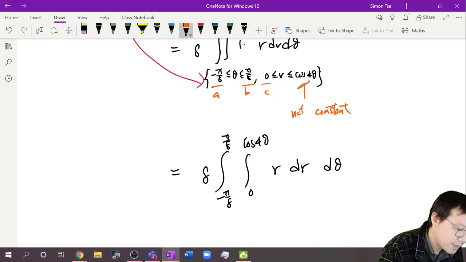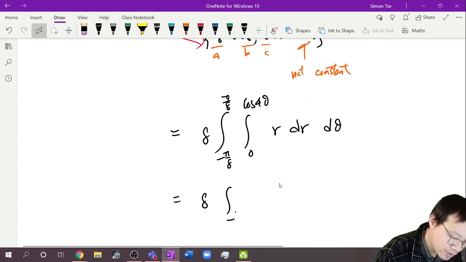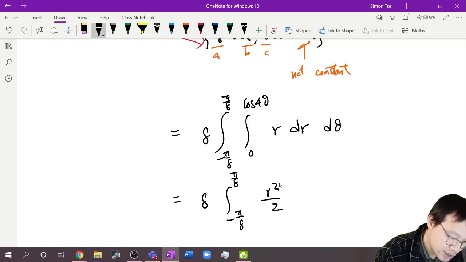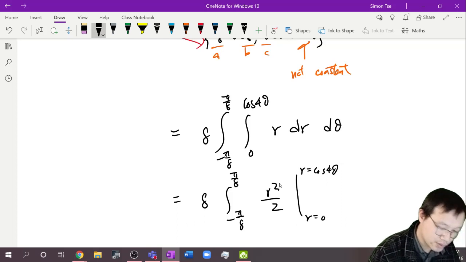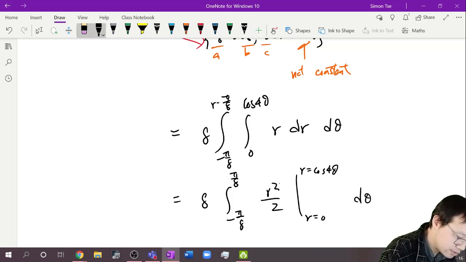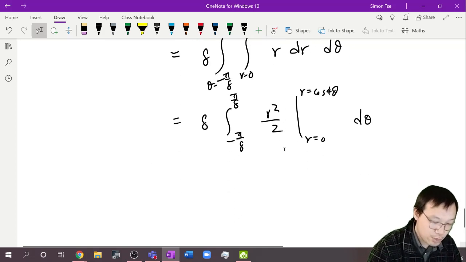Okay, so this integral is not hard to integrate. You get the integral from minus pi over 8 to positive pi over 8, and the integrand is r squared over 2, substituting the upper limit cosine 4 theta and the lower limit r equals 0, d theta. Let me add all these markers so that we don't get confused. So this part is not hard.